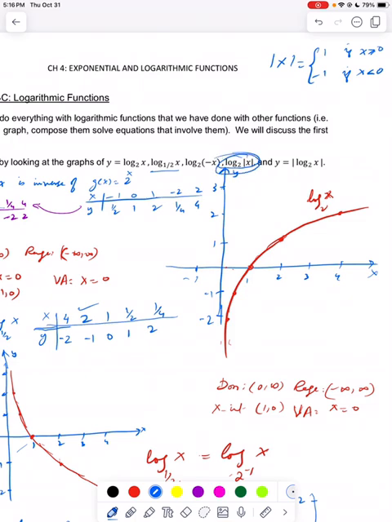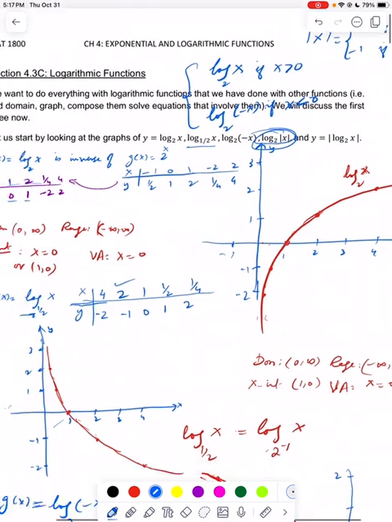So we will have the log of x base 2 if x is greater than 0, because we cannot have the equal sign, and then we will have log of negative x base 2 if x is less than 0.